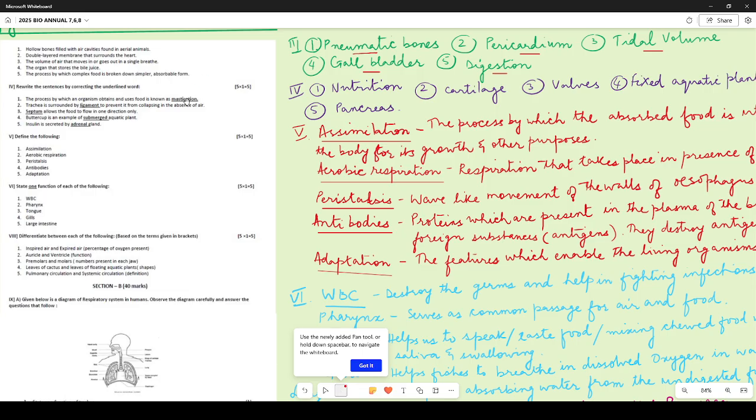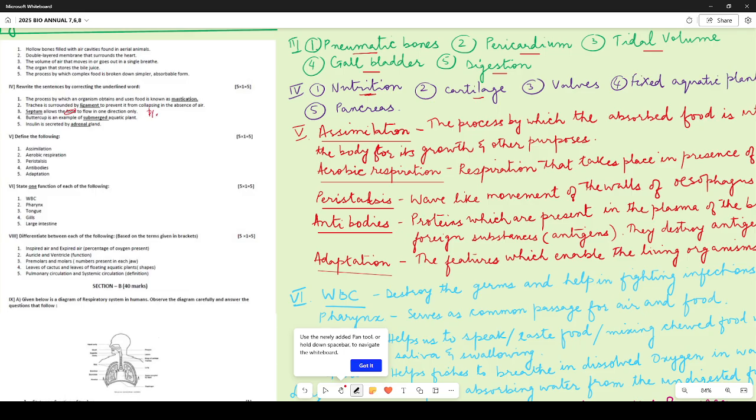Okay. Now rewrite the sentence by correcting the underlined words. The process by which an organism obtains and uses food is known as nutrition, right? Trachea is surrounded by cartilage to prevent it from collapsing. Septum allows, actually here it will not be food, here it will be blood.